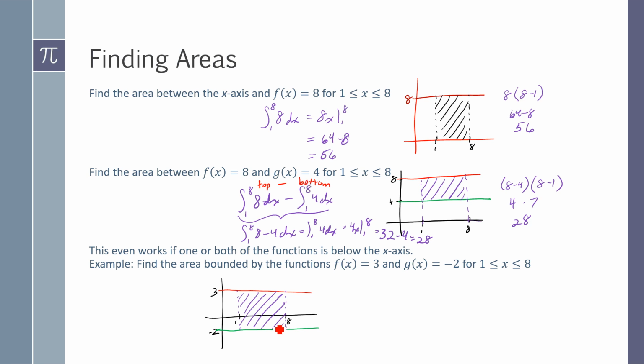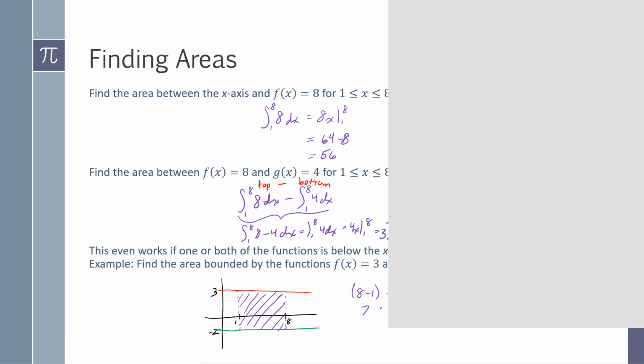If I think of it in terms of rectangles, my width is still the 8 minus 1, which is 7. But now my height is the top minus the bottom. Because my bottom is a negative number, that becomes what we would be more used to seeing as 3 plus 2 to get my height of 5.